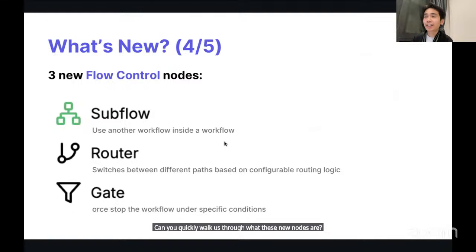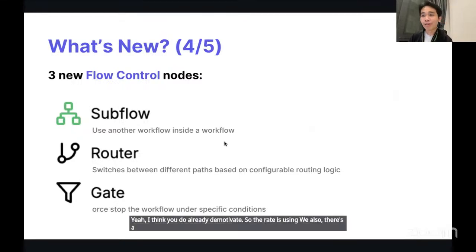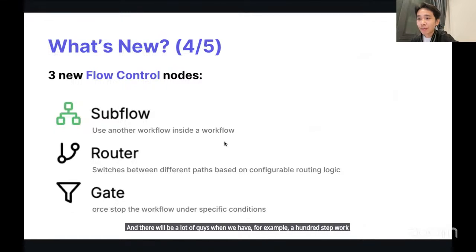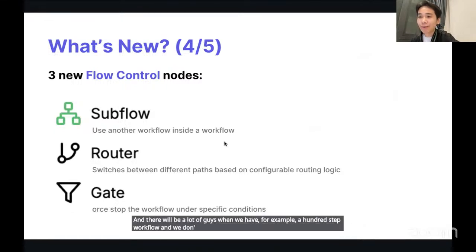Yeah, I think you already demoed the gate. There's a common concern when we use this workflow: how many AI credits we will consume and what the cost of the API is. There will be a lot of cases when we have, for example, a 100-step workflow, and we don't want someone to abuse our workflow.